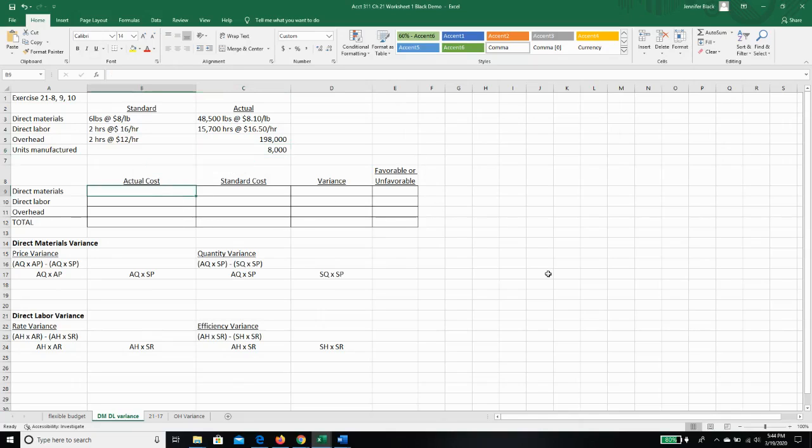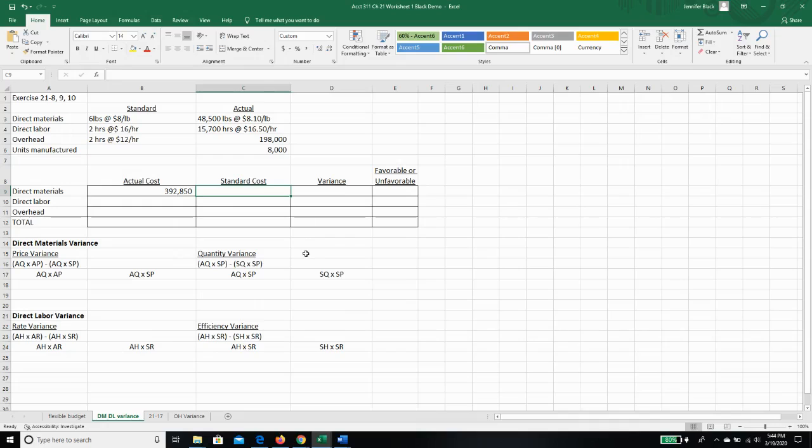Our actual cost: we actually used 48,500 pounds, and we paid $8.10 a pound. So 48,500 times $8.10 a pound, our actual cost was $392,850.